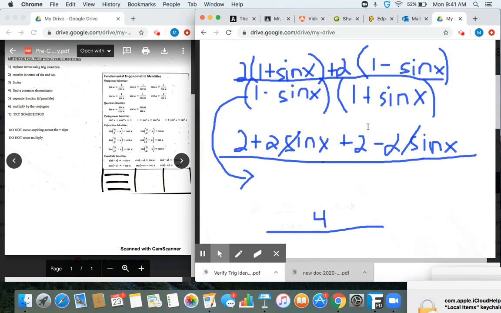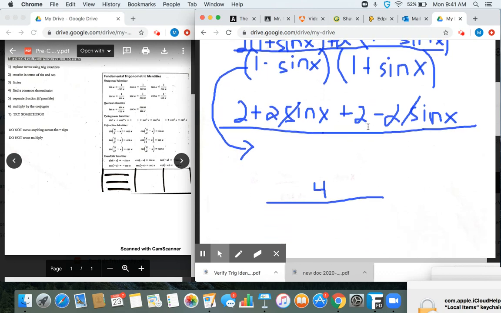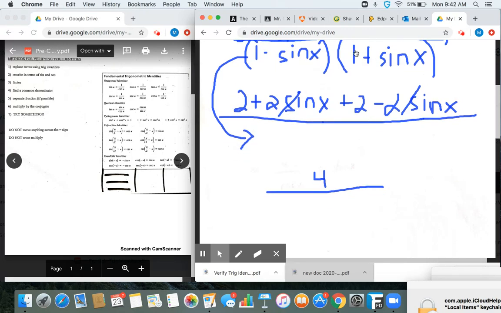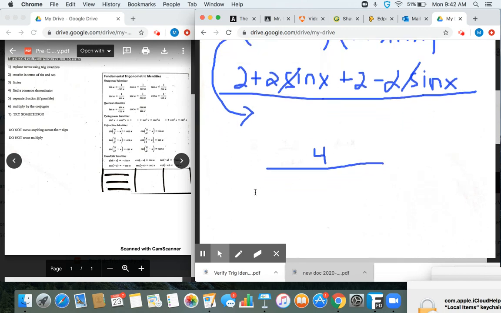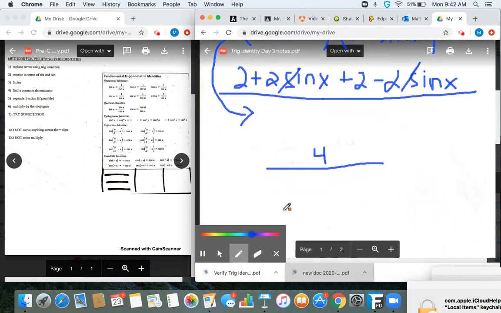Like I've said in each one of the videos, you can't be afraid to do a little trial and error. So if I FOIL and multiply 1 minus sine x times 1 plus sine x, it's kind of like the difference of squares, the result would be 1 minus sine squared x.